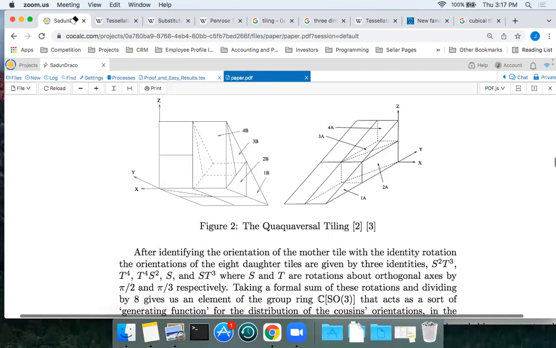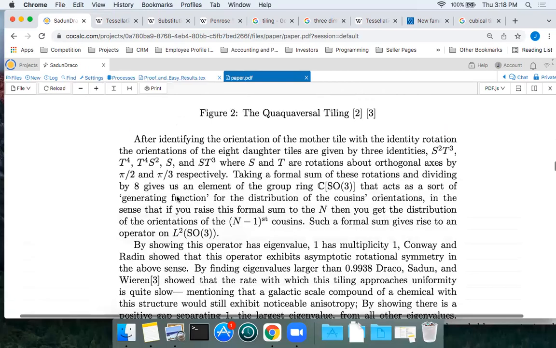So I guess this one is S T cubed, the way that I wrote it. In order to get that one, you rotate by pi over 2 about the y-axis, and then you rotate by pi about the x-axis. So hopefully I didn't mess that one up. Okay.